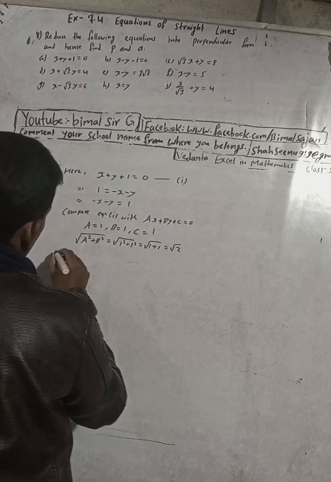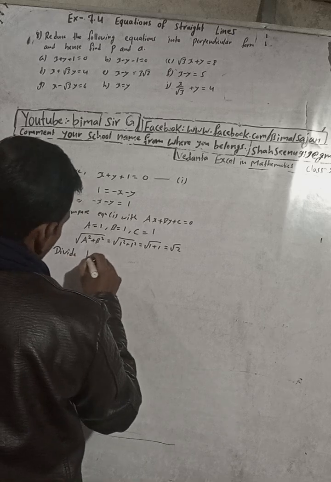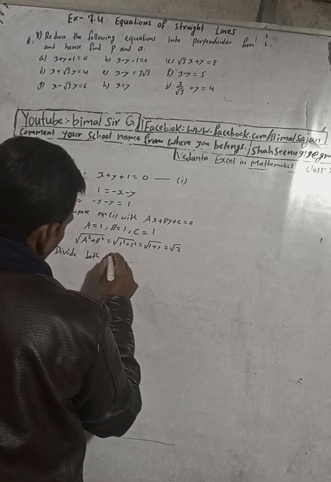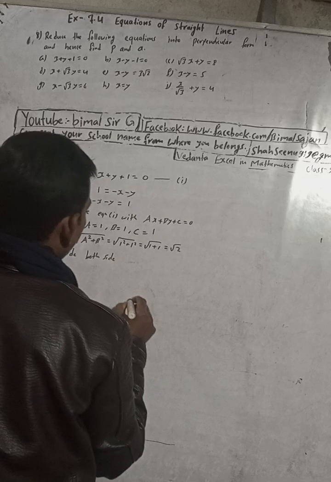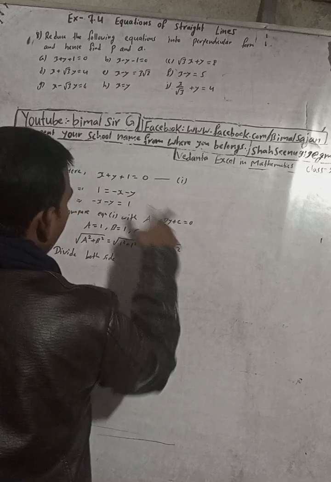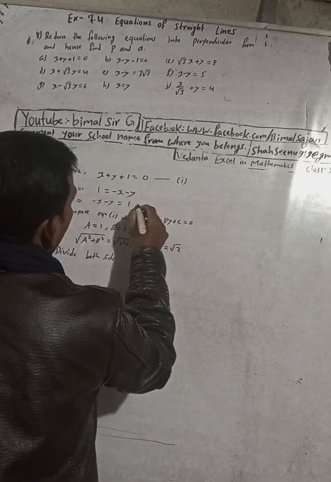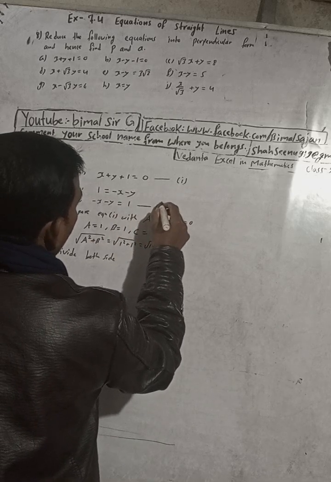Now divide both sides. This is equation 1, which we have compared. Now I will name the same equation as equation 2.